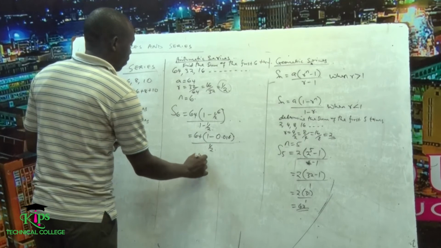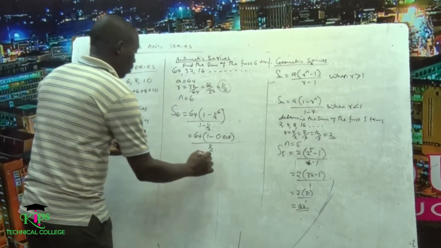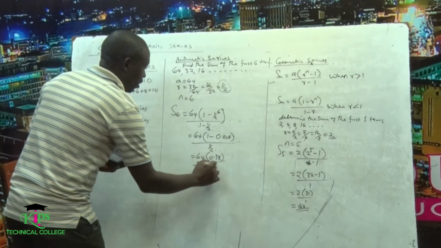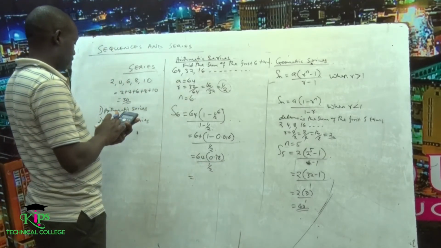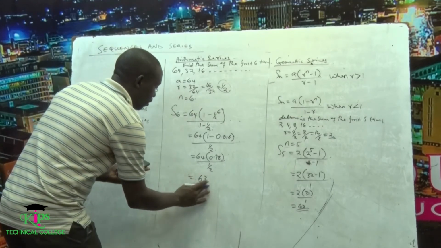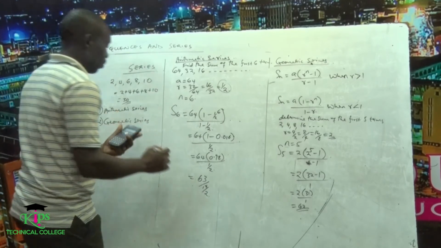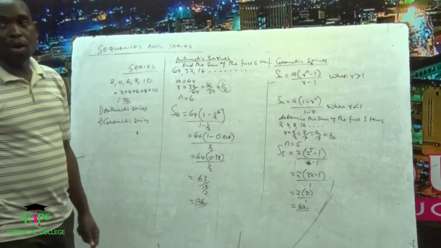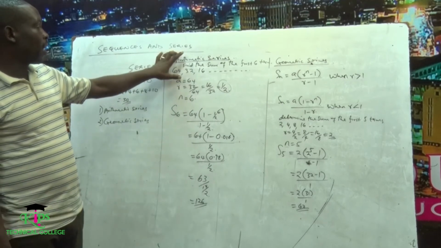This is the same as 64 into 0.98, over a half, which will be equal to 63 over a half, which is actually going to be 126. And by so doing, you have determined the geometric series.